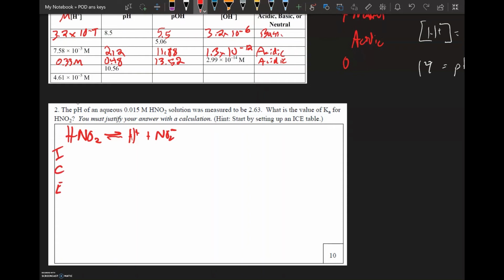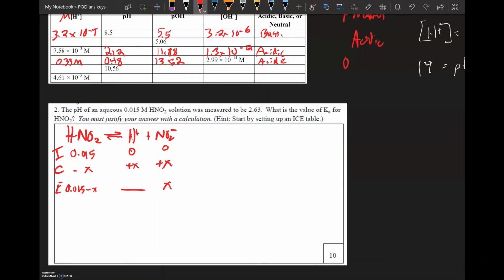And so now we know that this is 0.015. This will be the 0 and 0 to begin with. This will be minus x, and then 0.015 minus x, and then this.